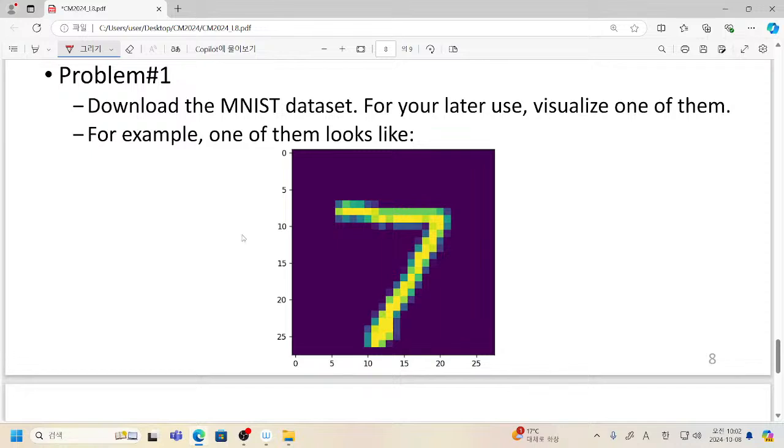In this case, the yellow part corresponds most closely to 255, and this part corresponds to almost 0. So please try to build your own visualization of this data set.